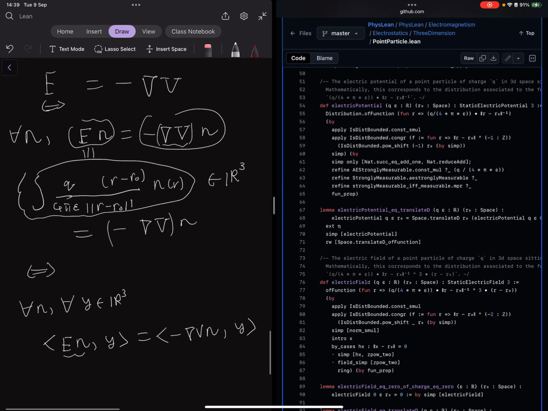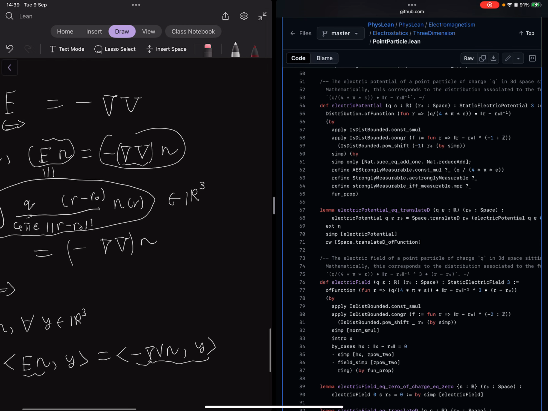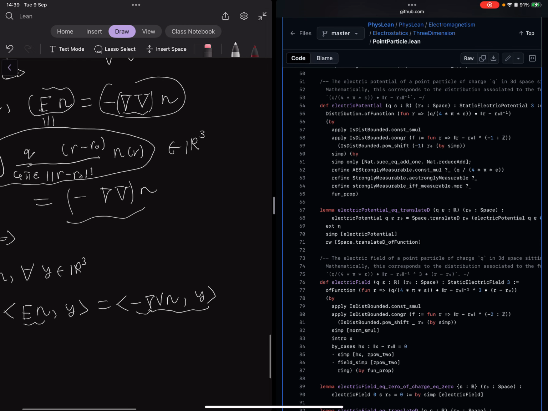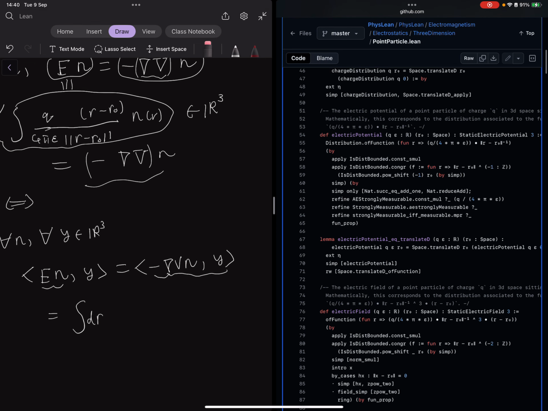So why have I done that? Basically, I've done that because this thing is a lot easier to write down than this thing here. And I'm just going to write it down for you. I'm not going to prove this because this really follows from the definition of the gradient. And this is equal to, I'm going to make sure I get this right, because if I don't, that's going to be embarrassing and we're going to have to fix it later.